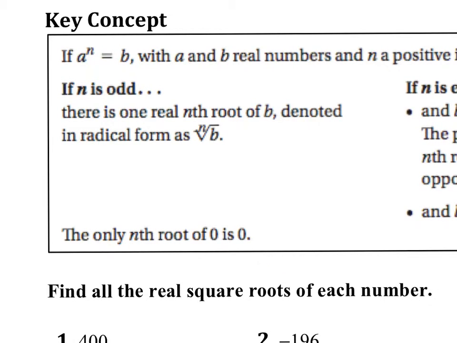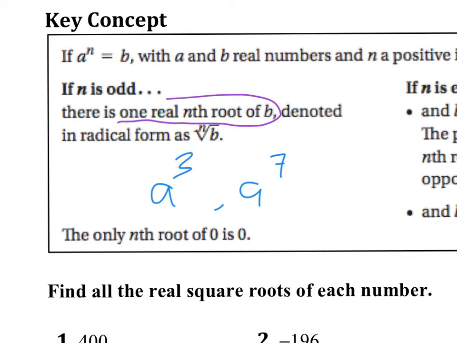The first thing is that if n is odd, so if it's a to the 3rd power, for example, a to the third power, a to the seventh power, etc. If you wanted to find out what the nth root was, in this case the cube root, or the seventh root of b, it's denoted in this manner, and there's only one real nth root.